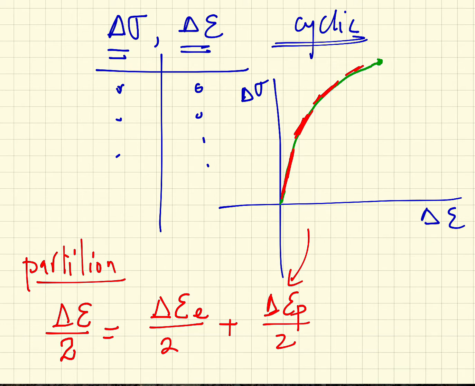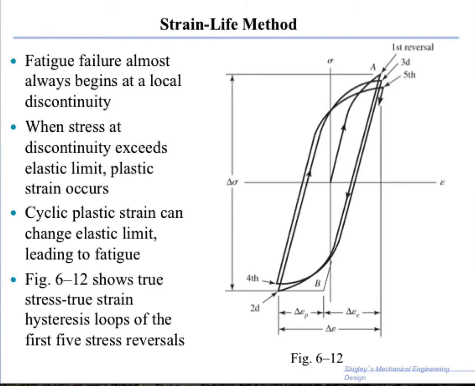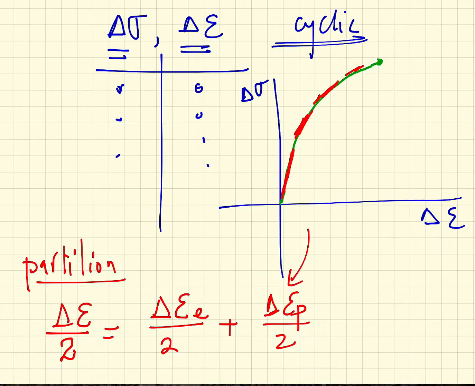And the design is based on this partition of strain. So let's develop now how this will work for design applications. Let me add one more page here, and then we can consider cyclic plasticity in that case.